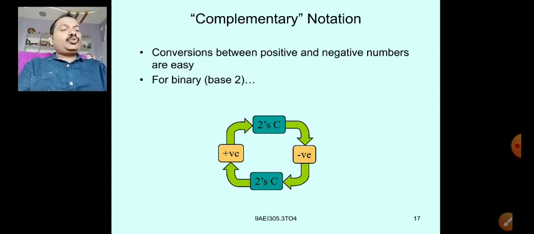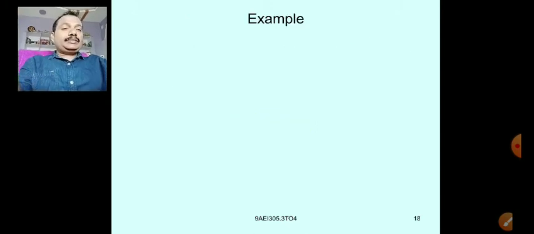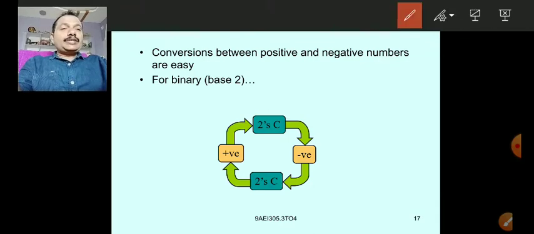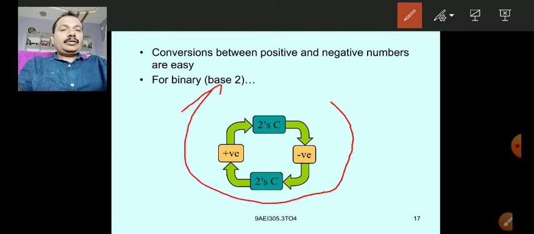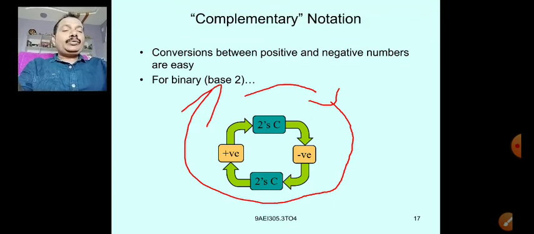And if you once again 2's complement the negative number, then you will get a positive number. This is the cyclic nature. That means negative number to positive number and positive number to negative number. So this is the way of converting negative numbers to positive and positive numbers to negative.